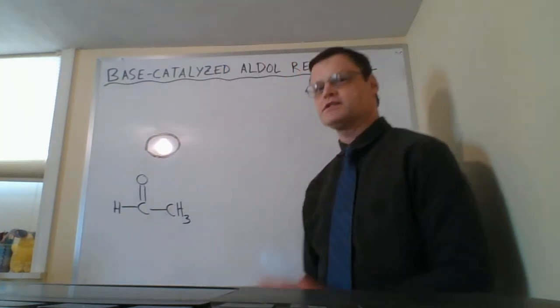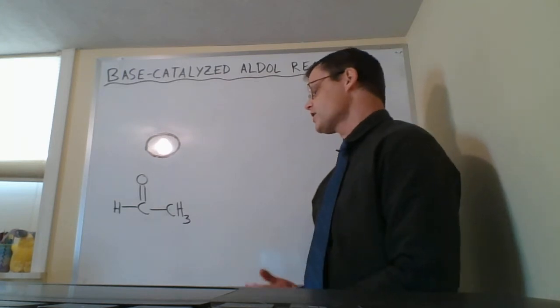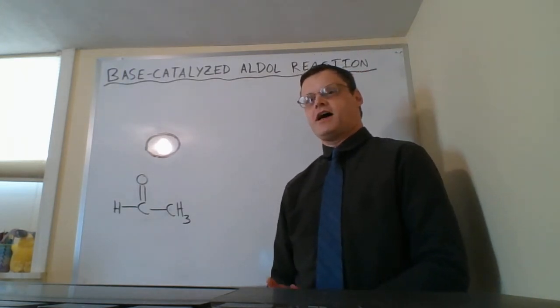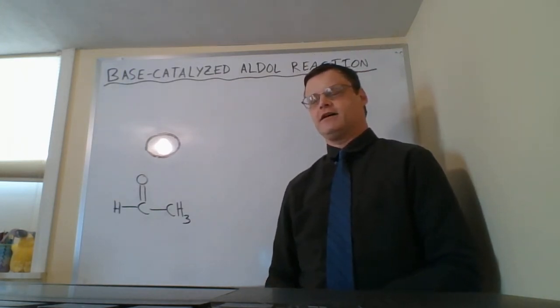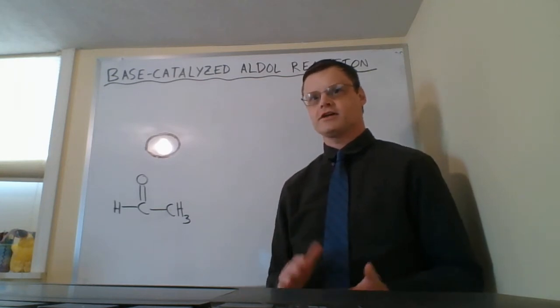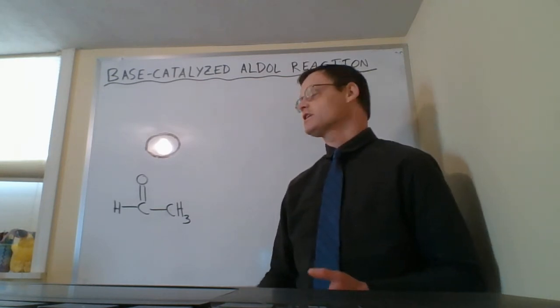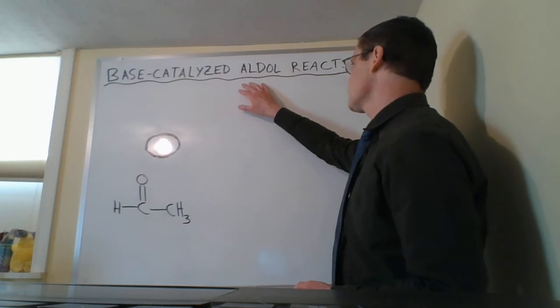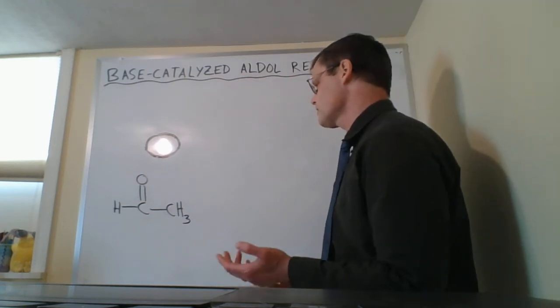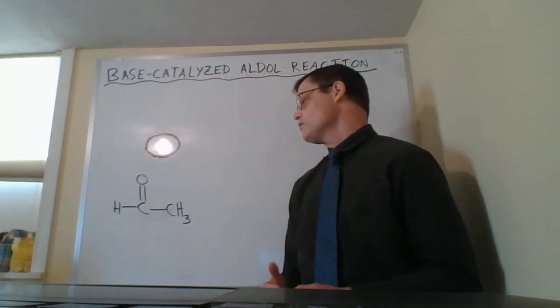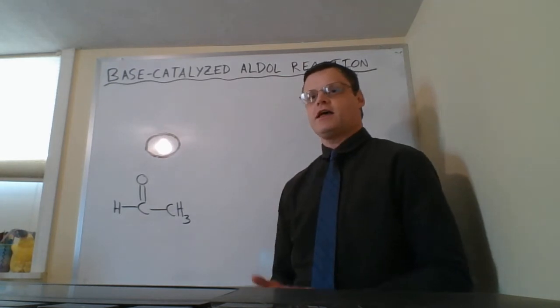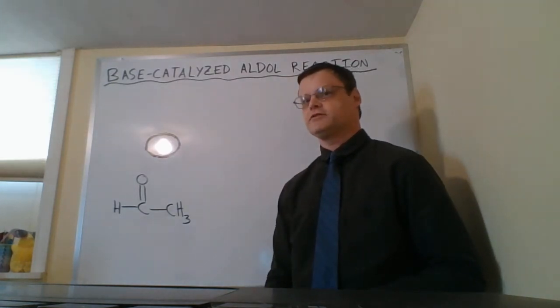Well, today we're going to start looking at carbonyl compounds as electrophiles in these type of reactions, and in particular in the aldol reaction or the aldol condensation, we will have aldehydes and or ketones as the electrophile.